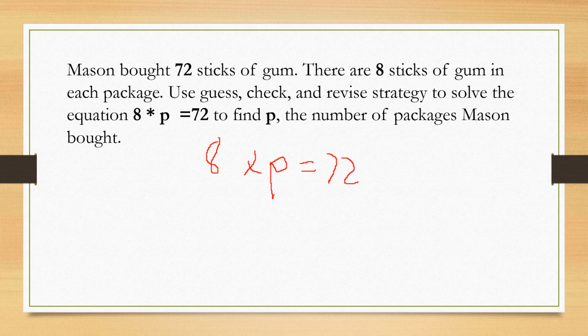What number, if we multiply it with 8, gives the result 72? I know that if we multiply 8 by 9, the result is 72. So the solution is that p equals 9.